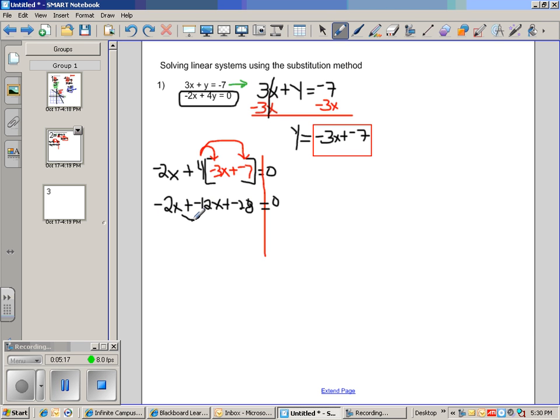We're going to add those like terms together. When you add a positive and a negative, you get a negative. In this case, it's negative 10x plus negative 28. And that's equal to 0. So now we're looking at a two-step algebra problem.